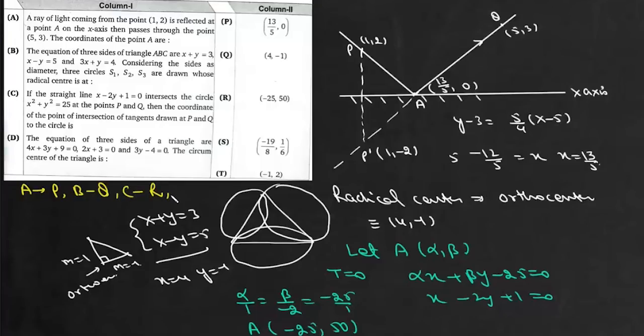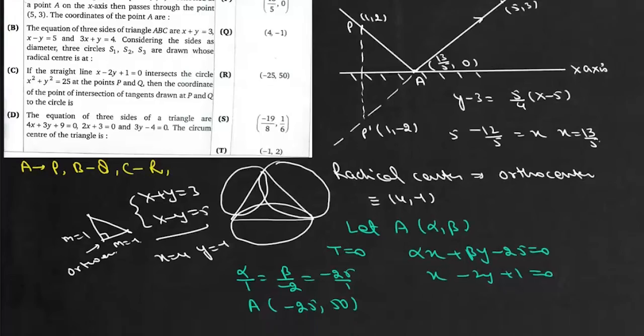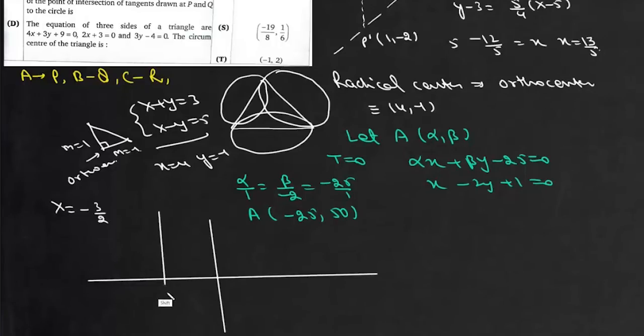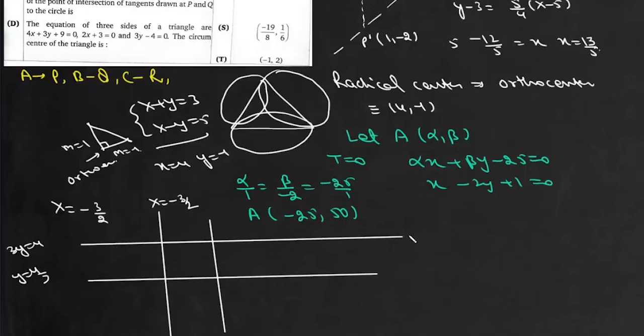And finally we have this fourth question, which is, equation of three sides of a triangle are given. Then we will find circumcenter of this triangle. Now clearly if we look at it, one of the sides is x equals minus 3 by 2, which is a line parallel to y-axis, and then we have this line which is 3y equals 4 or y equals 4 by 3, which is a line parallel to x-axis.